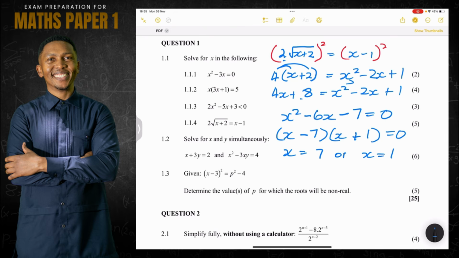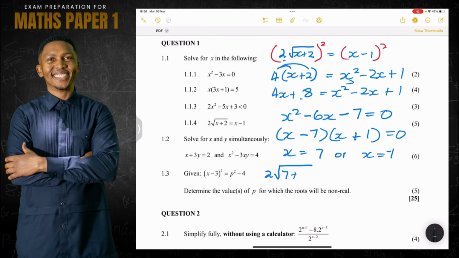Now, please note, whenever you get an answer for x by squaring both sides, we need to go and check or test the solution to see if the left-hand side would be equal to the right-hand side. Now, let's take this one and check if that is going to give us the correct answer.